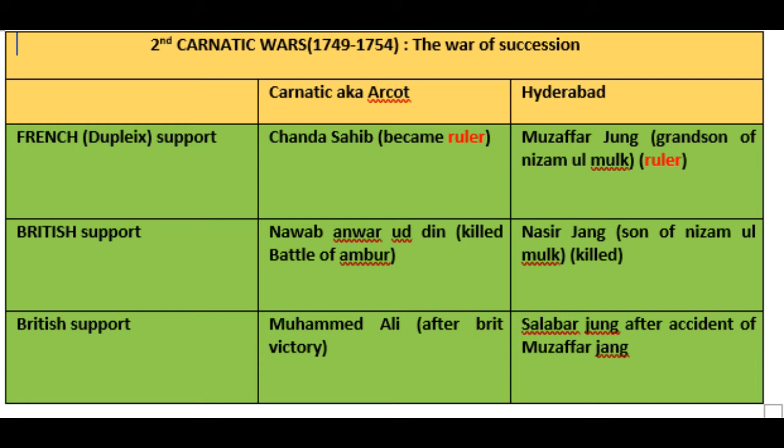Muzaffar Jung was killed accidentally, and the French raised Salabat Jung as the ruler of Hyderabad. Robert Clive and the British, on the other hand, supported Muhammad Ali for the Carnatic. Clive himself personally attacked and occupied Arcot, the capital of Carnatic, with 200 British and 300 Indian soldiers.